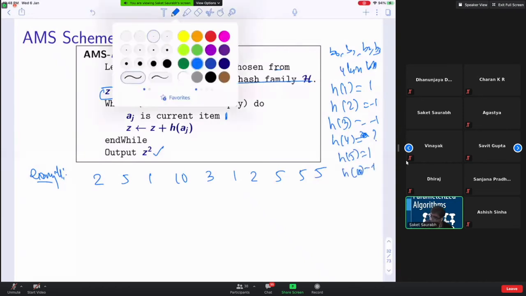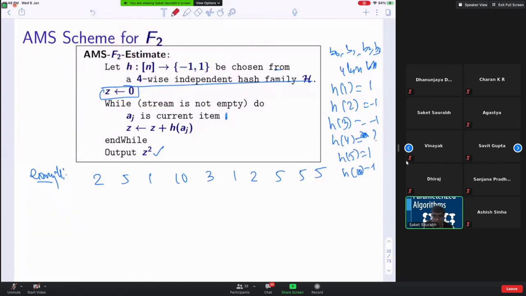Okay. So now what is happening to this algorithm? Can someone tell me how Z will look? Initially Z is 0. Can you tell me the updates to Z after each item? What are you going to say after 2? Look, I'm running an algorithm, it's not something very big. So that would be -1. After 5, 0.